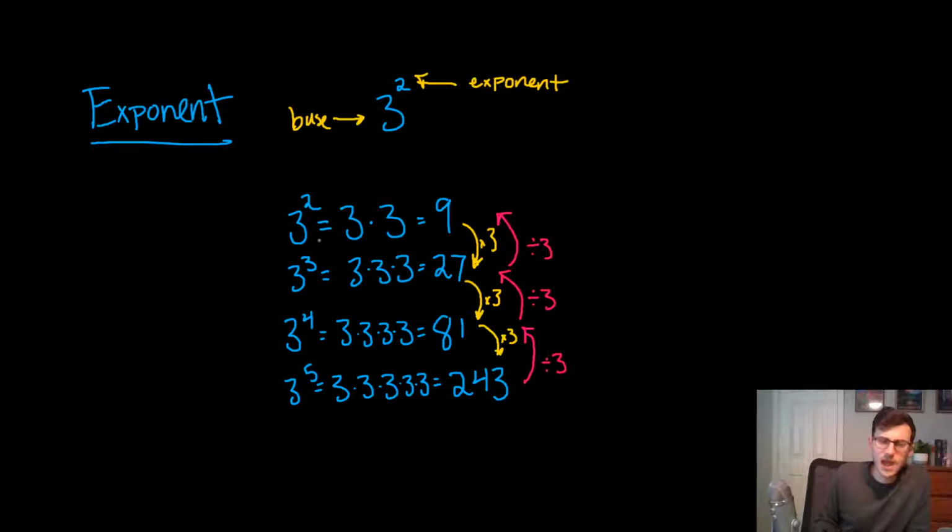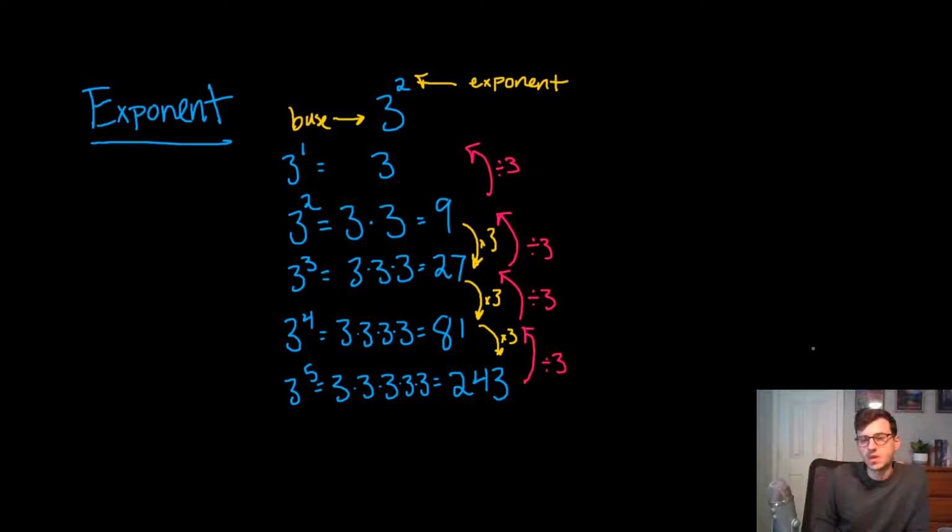So using that model, what do you think 3 to the first power would be? Well, if we're following this pattern of dividing by 3, 9 divided by 3 is 3. So 3 to the first power, 3 times itself just one time, is 3.